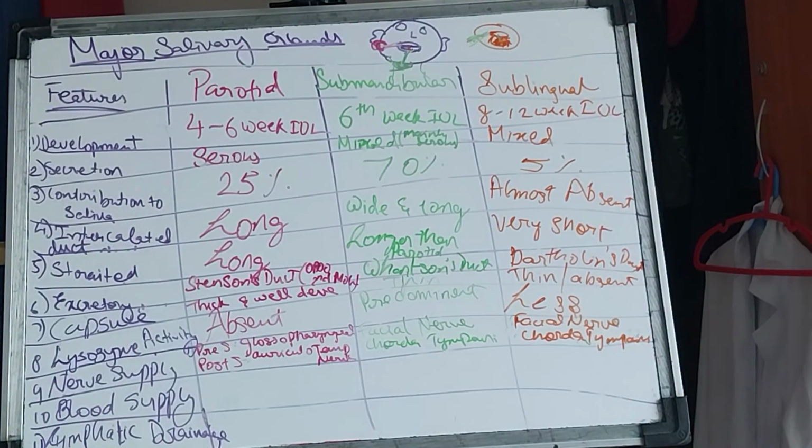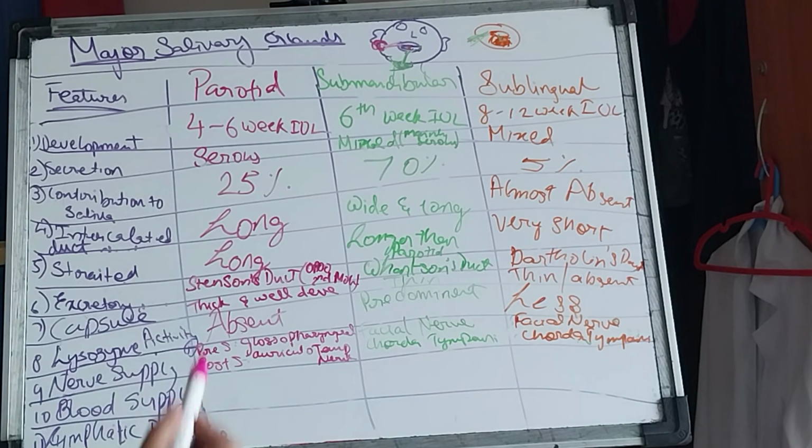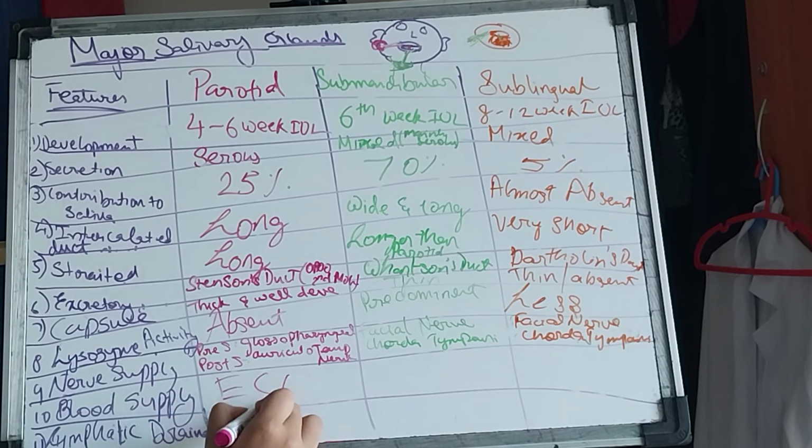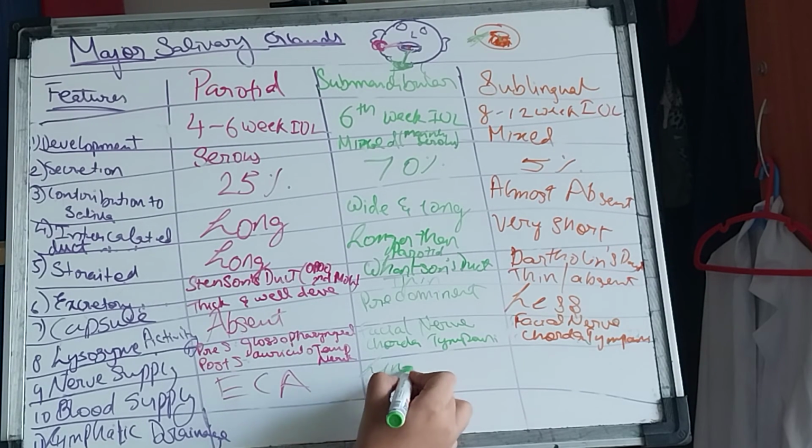Okay. Now the blood supply of the parotid gland, it is by the external carotid artery. Then for the submandibular, it is the lingual or the facial artery.